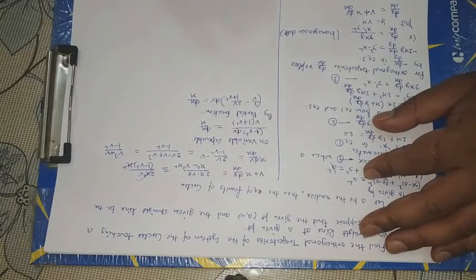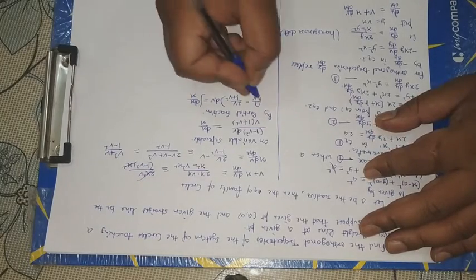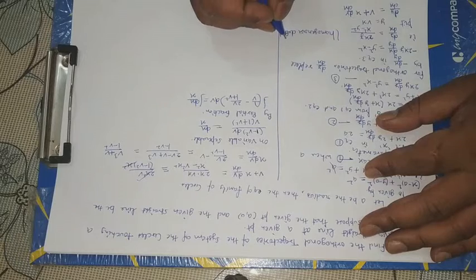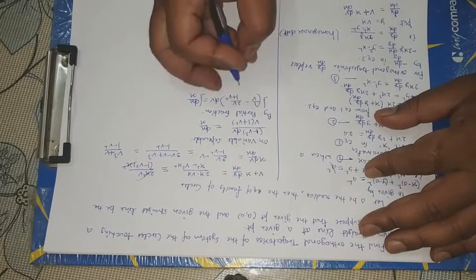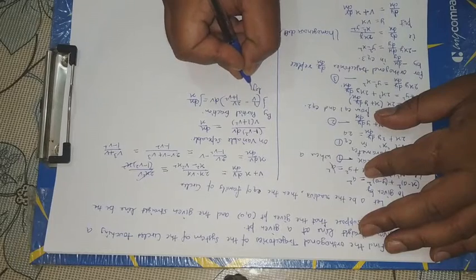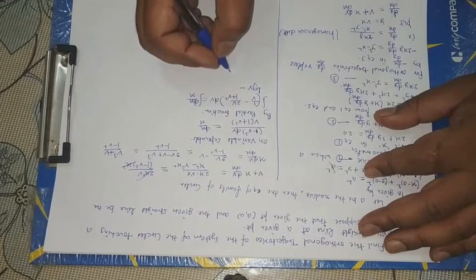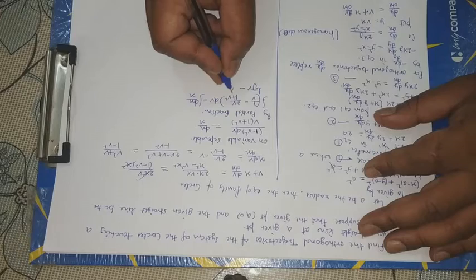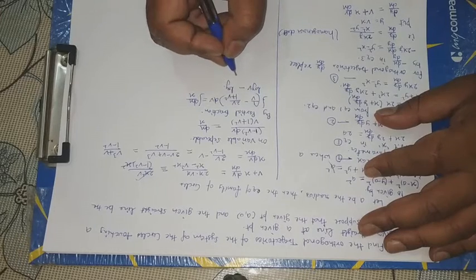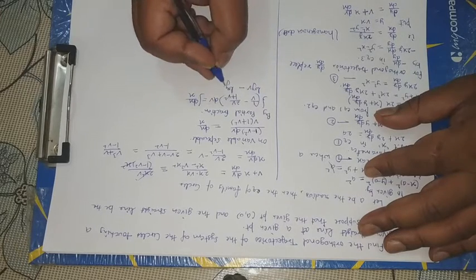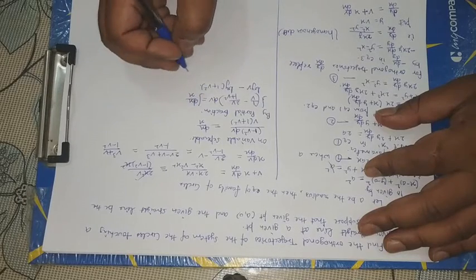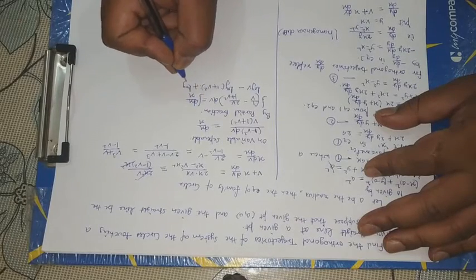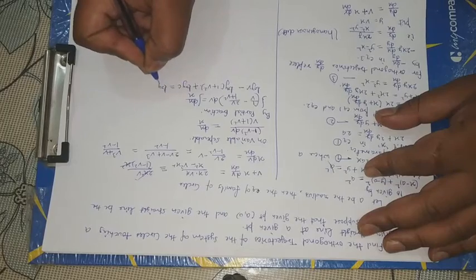Now integrate both sides. This is equal to log v minus log (1 plus v square) plus log c is equal to log x.